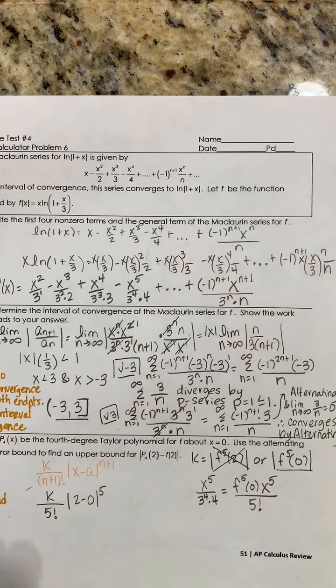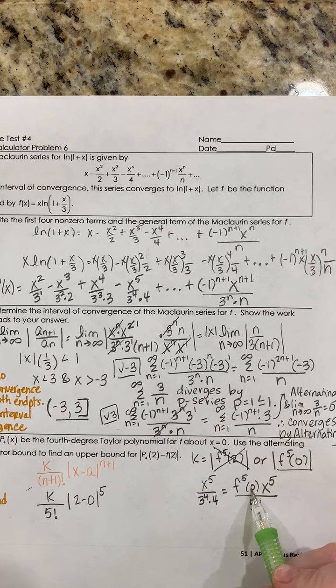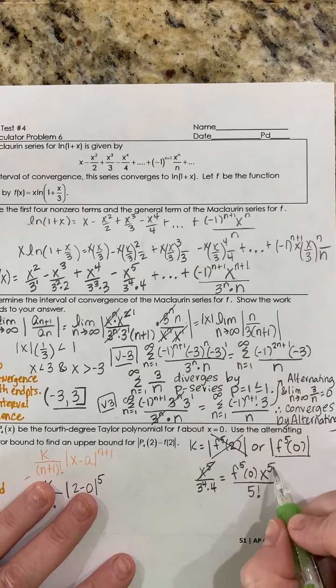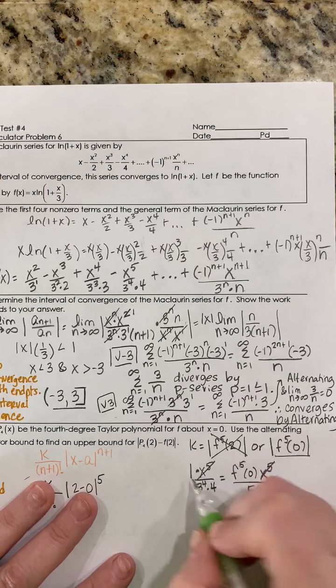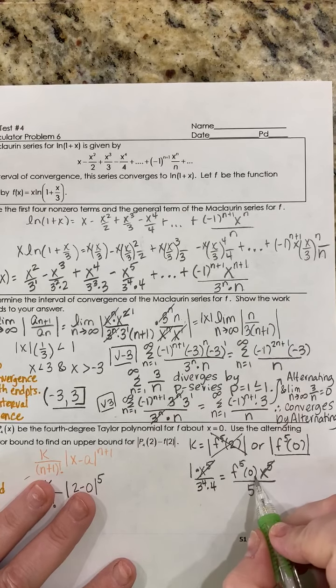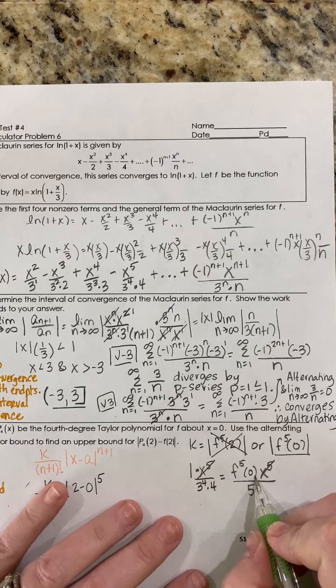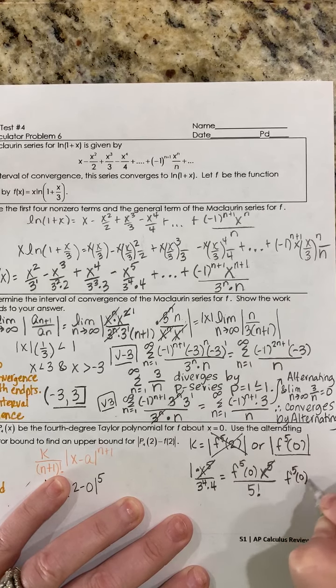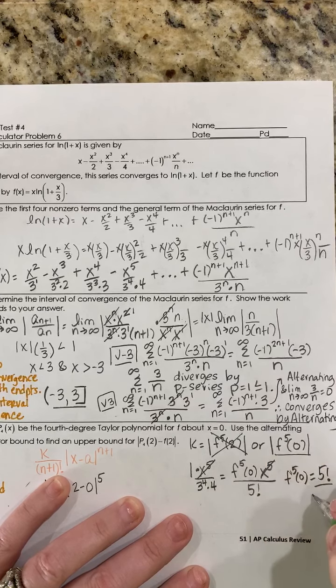So I'm just going to solve for the 5th derivative. So these go away, and I just have a 1 in the top. And if I solve for the 5th derivative at 0, the 5th derivative at 0 is 5 factorial over 3 to the 4th times 4.